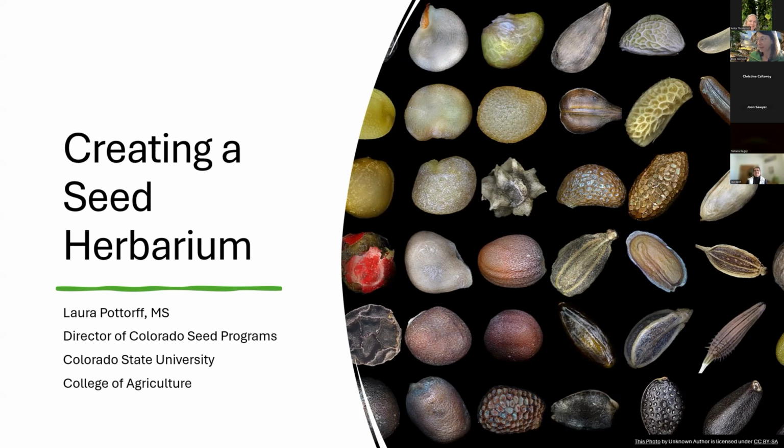So our next speaker is Laura Pottorff, who is the director of Colorado Seed Programs. Laura is at Colorado State University, and she oversees seed certification, foundation seed, the Colorado Seed Lab, and seed educational programs, including CSU's seed technology and online education programs, also known as STEP.